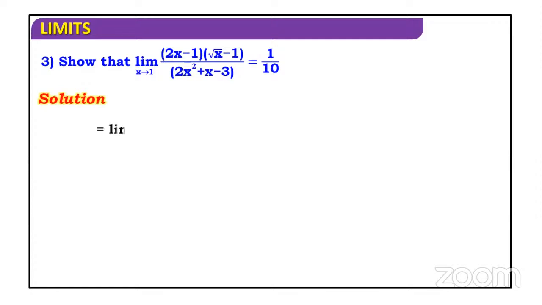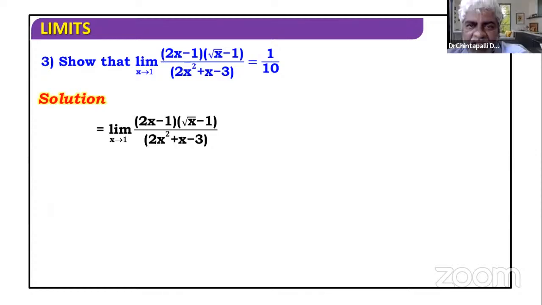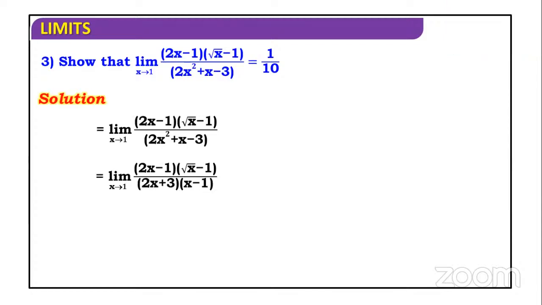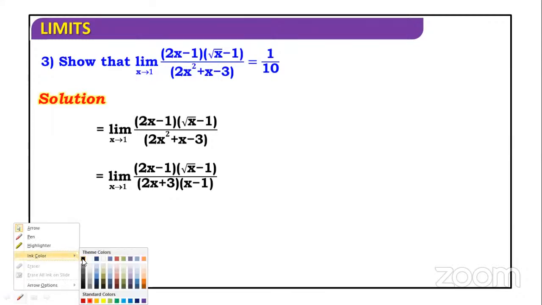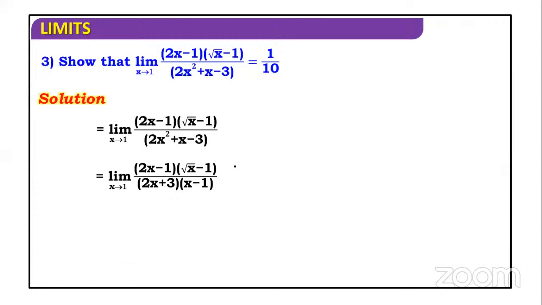Root x plus 1 by root x plus 1. Yeah, you will get the numerator in the form of a minus b into a plus b. Yes, sir. x minus 1 by 2x plus 3 times root x plus 1.